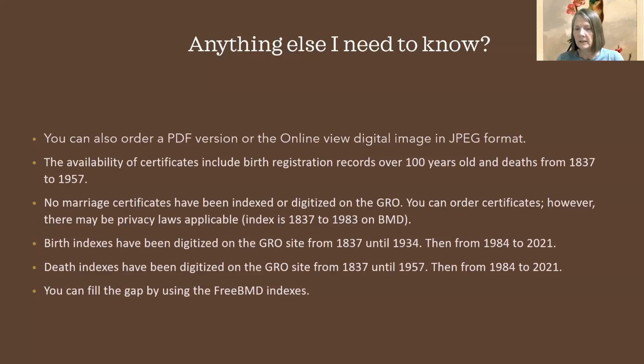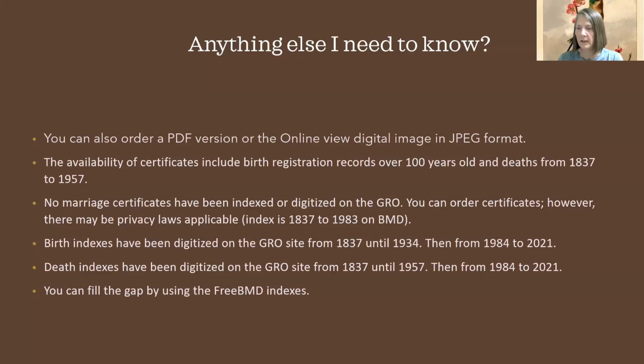The birth indexes on the GRO site only go till 1934, and then there's a 50-year gap, and then they start again in 1984. They started digitizing them, and they got up to the year of 1934. And then in 1984, they decided that they would put everything on digitally anyways.